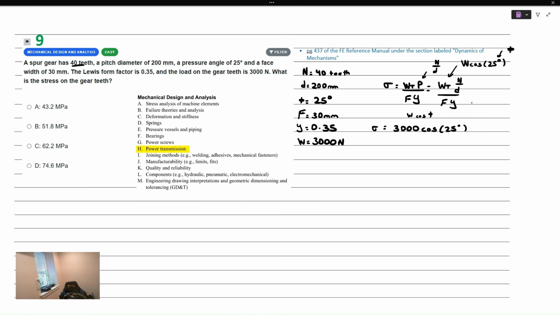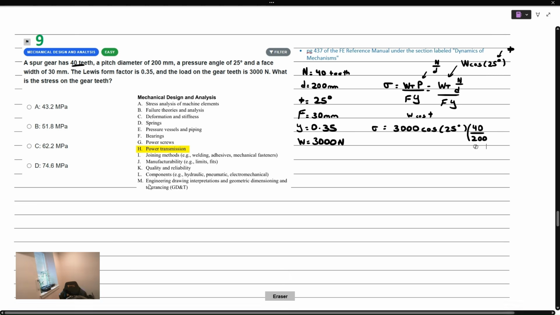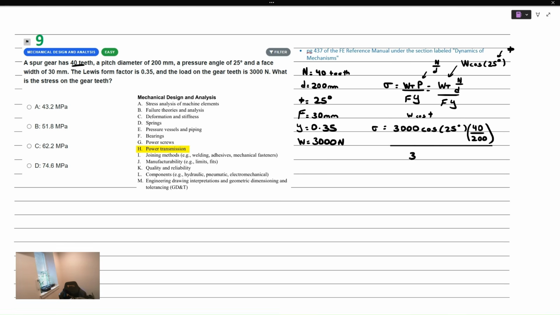P is just the ratio of N, the number of teeth, 40 teeth here, divided by the pitch diameter D. That's 200 millimeters here. We'll write the units on the outside to keep out the clutter. The face width, F, is equal to 30 millimeters. And the Lewis form factor, that's dimensionless, is 0.35.